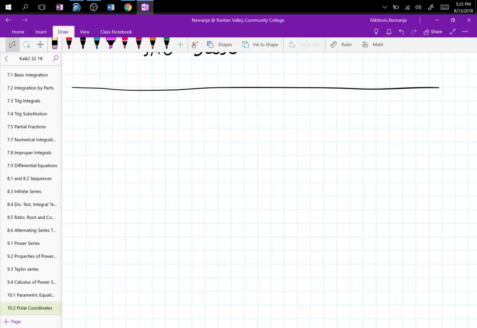Now, I will try to see if this is going to work well. I want to bring up the document camera.